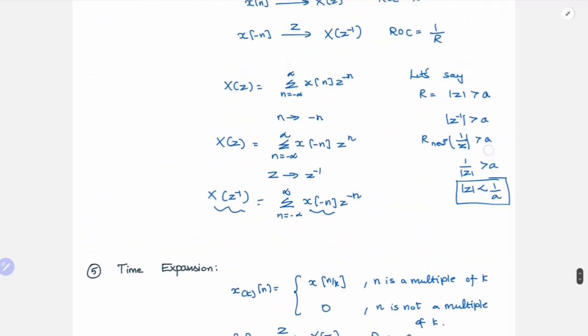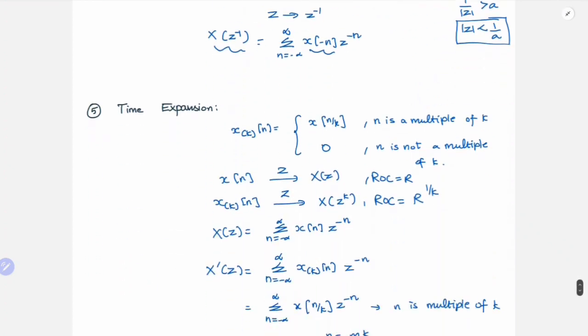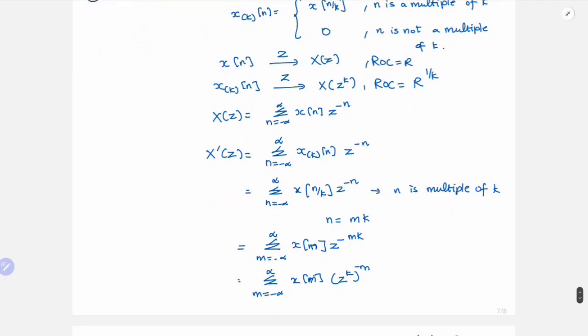Here also it was the same. If b is included in your ROC here, so mod z greater than a, then 1 by b also will be included in your new ROC, because 1 by b will always be less than 1 by a, given that b is greater than a. So that way also we can interpret this. Here also it's straightforward that R power 1 by k.